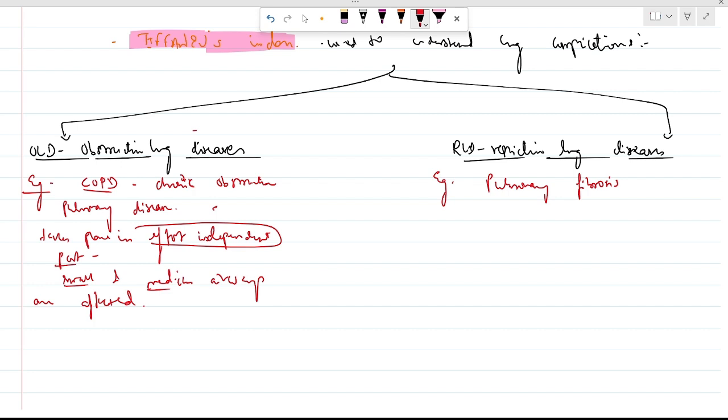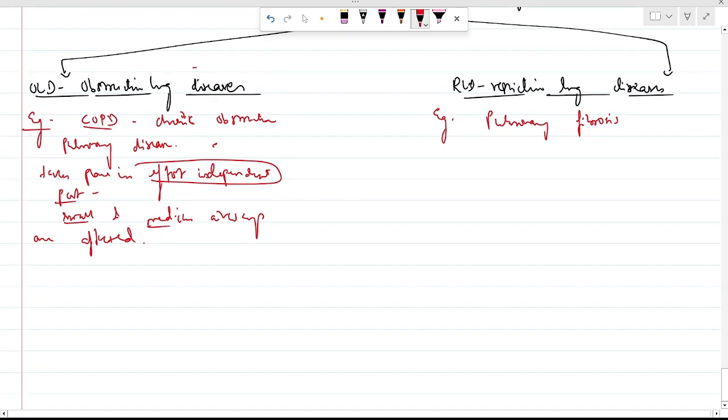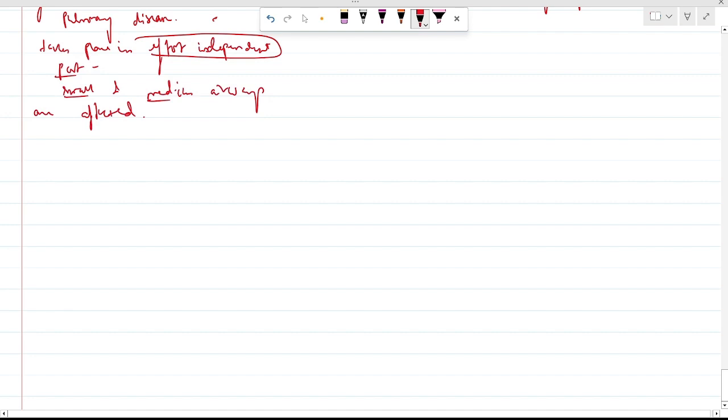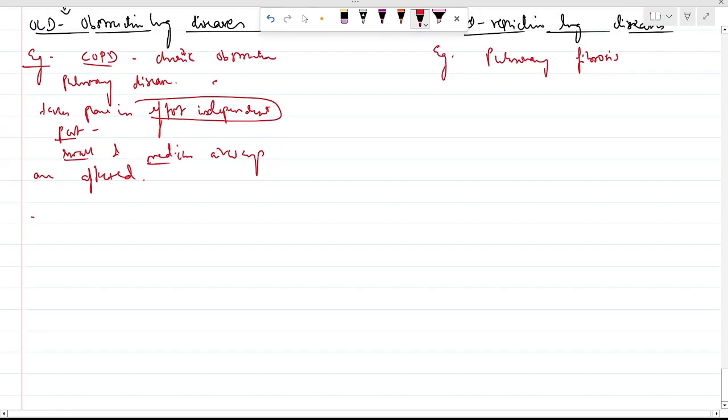Now we'll see the relation of the FEV1 to FVC ratio, that is our Tiffeneau's index. In obstructive lung disease, we will see a fall in the FEV1 to FVC ratio. This indicates obstruction.